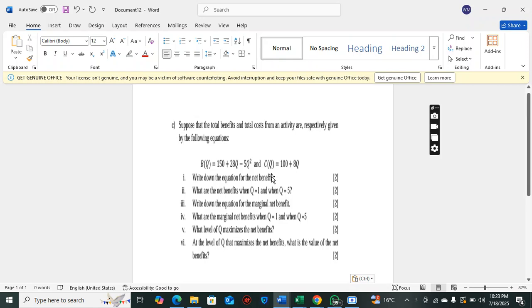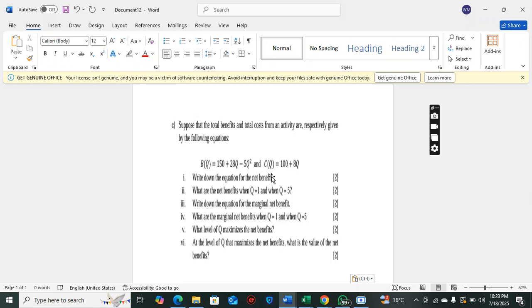Okay, so before we answer the question, this topic is on marginal analysis. You're just trying to find out how much we should produce so that we get the most revenue, and the most profit, basically. Whenever marginal cost equals marginal benefit, that's the amount of units you should produce.